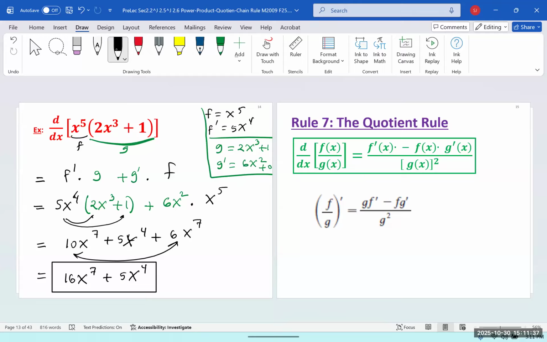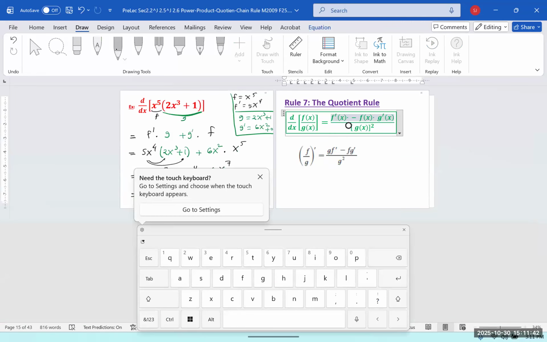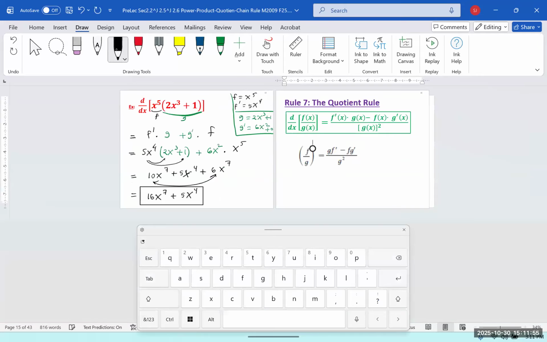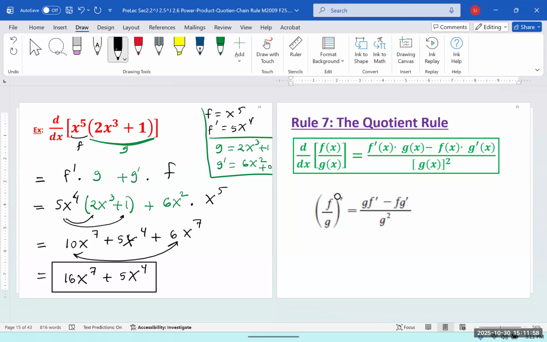F prime, I missed my G, so let me write my G. F times G of X. So if you have two functions, then the top function is F, the bottom function is G. Then the quotient rule says, take the derivative of the top first, multiply by the denominator function.